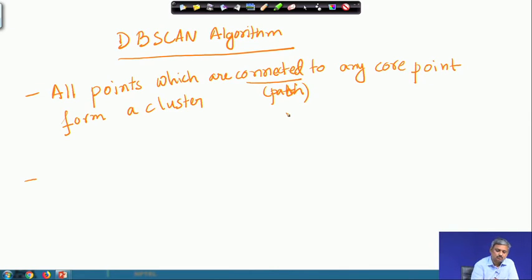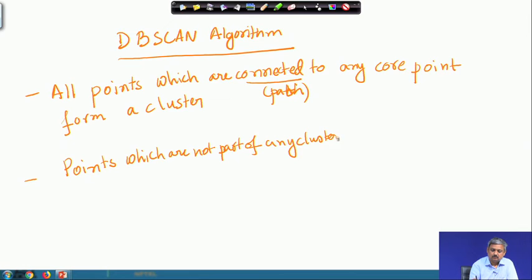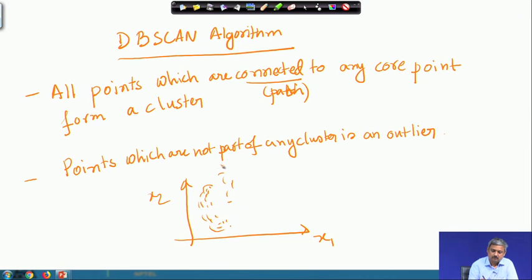You see all the points here, there is a dense point and they are connected to each other, there exists a path.